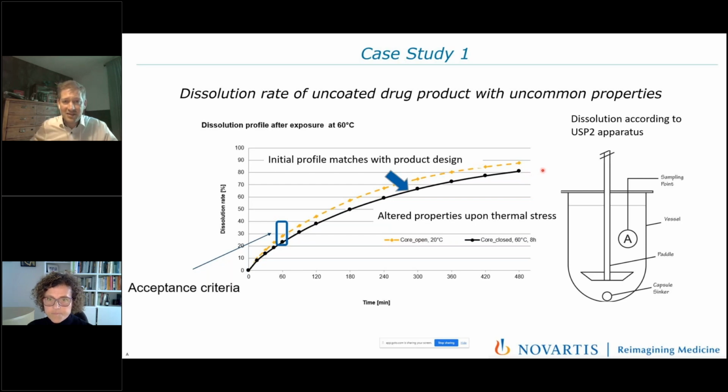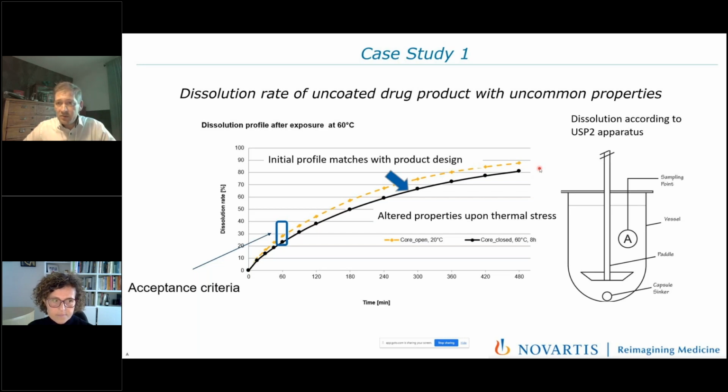It is eventually a condition that is unlikely to happen during the drug product storage, but if you want to coat these tablets with a film coating, we need to operate at elevated temperature, and this is what we were looking at. And as you can see, after 60 minutes, the profile was eventually close to failing the specification.